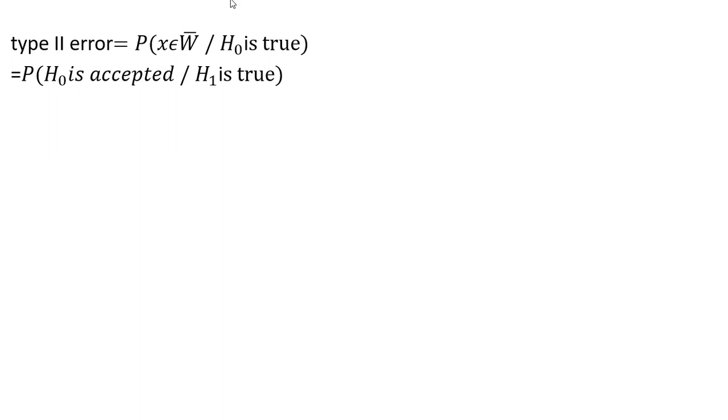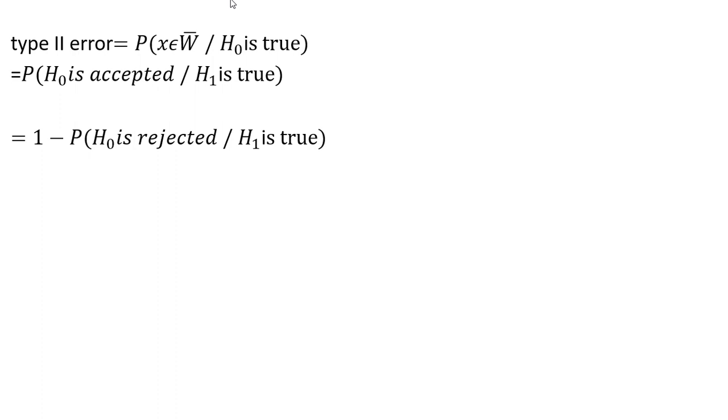Okay, x belongs to W means the null hypothesis is rejected. You need to remember the definition. Probability x belongs to W bar means the null hypothesis is accepted when the alternative hypothesis is true. When H1 is true, in the question it is p equal to 0.6, and when H0 is accepted, we are solving it as 1 minus the probability that H0 is rejected and H1 is true.